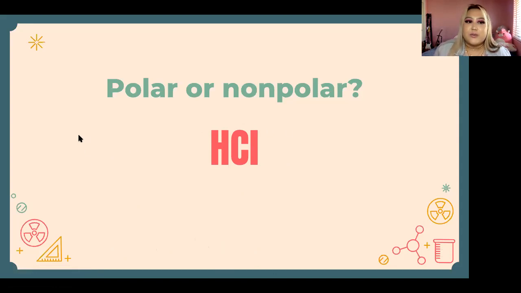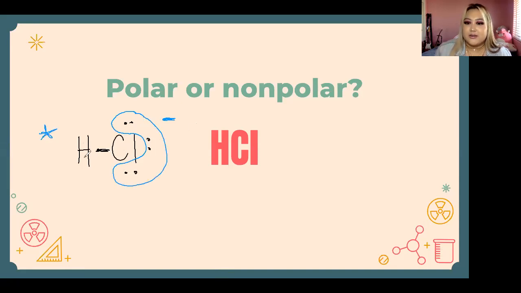So when we make our Lewis dot structure, right, it would look something like this. Oh, all this 2, 4, 6. Okay, so it would look like this. So since hydrogen only has one electron and it's already sharing this with chlorine, this has so much more electrons, right? So this is way more negative than this side, right? Does that make sense how we got polar?